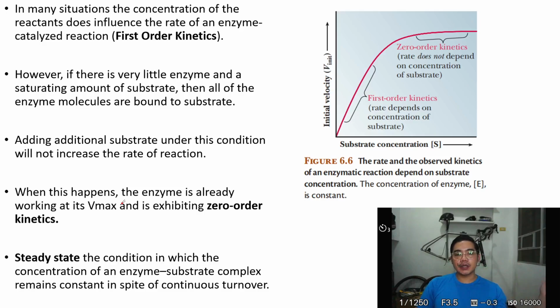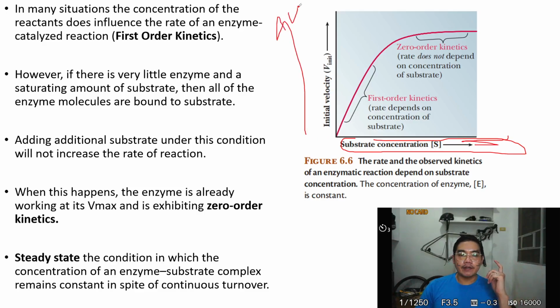So we're gonna talk about the kinetics of the enzymatic reactions now. Remember that this graph is a beautiful explanation. This is your substrate concentration. It's going up, no? And then this is your velocity. What does this velocity mean? Velocity is the rate of production of products.